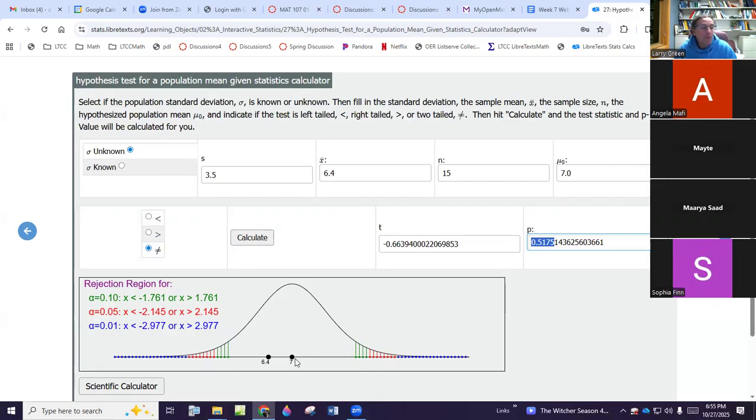And you have to be far from 7. And 6.4 is not far from 7 compared to the rejection region. Do you see how that works? It's close to 7. So that means if it's close to 7, then it's not that different from 7. Maybe the pH really is 7. Do you see? Remember, if you have a sample, you're not going to get exactly the population mean.